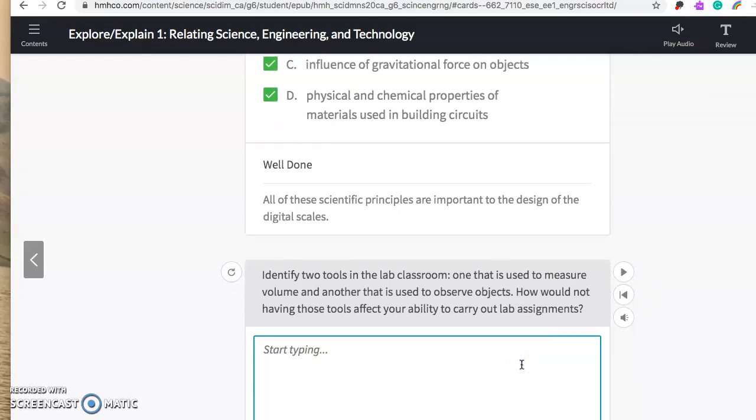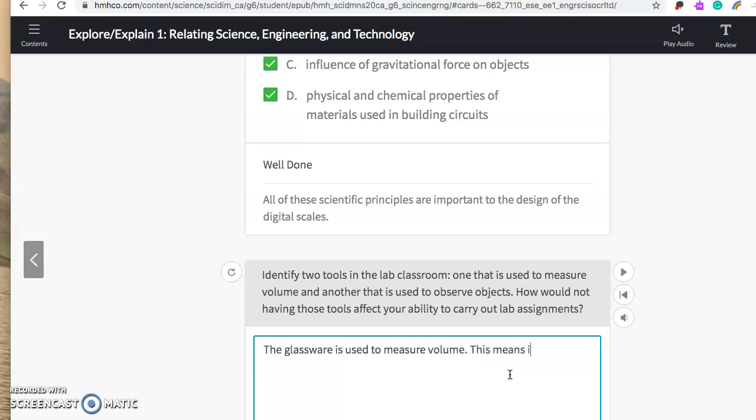Okay, 2 tools in the lab classroom, and what they do. I'm going to use the microscope and the glassware. Okay, the glassware is used to measure volume.